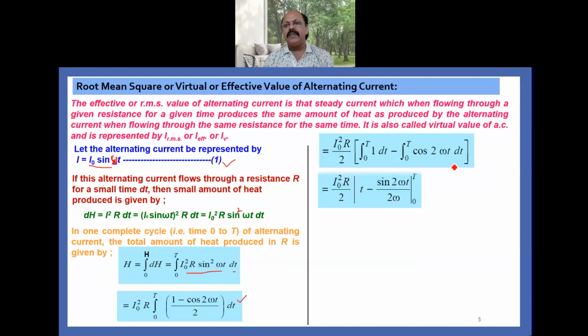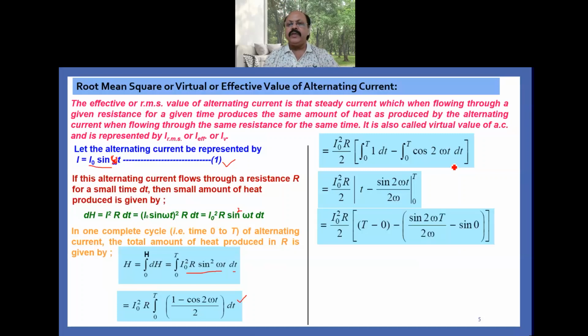So that comes sine 2 omega t upon 2 omega, the same formula that we have to use. So it comes to I naught square R upon 2 within the bracket, integration of dt is t minus sine 2 omega t upon 2 omega, limits 0 to capital T.